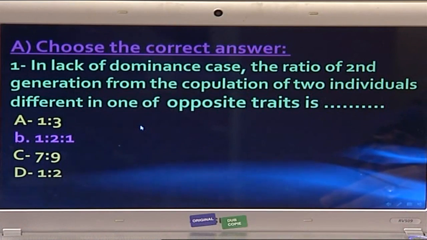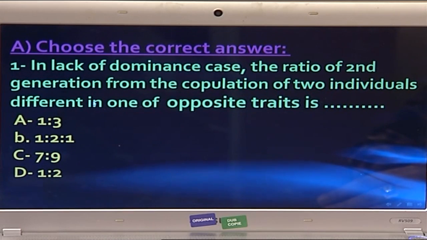Choose the correct answer. In lack of dominance case, the ratio of the second generation from the copulation of two individuals different in one opposite trait is... Here, lack of dominance, the combination between two antirrhinum plants with two different colors, like white and red.